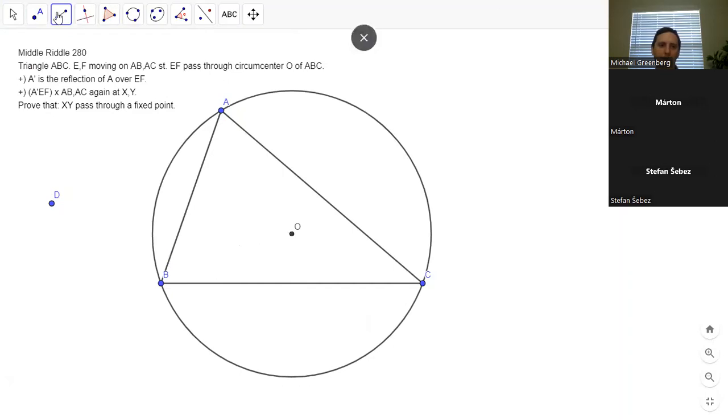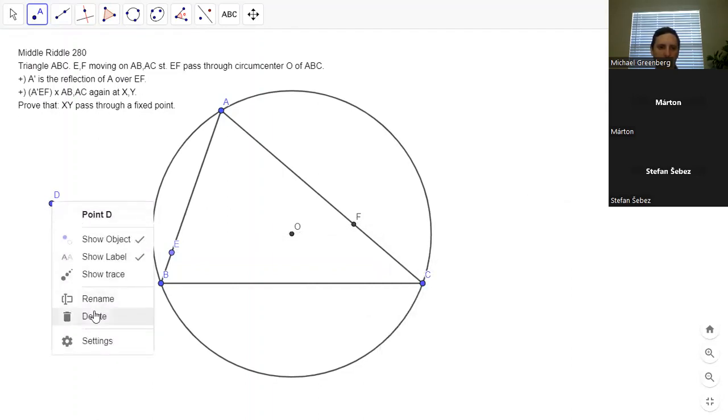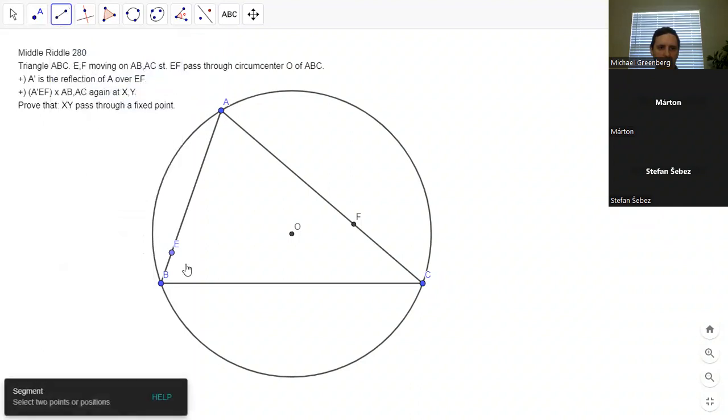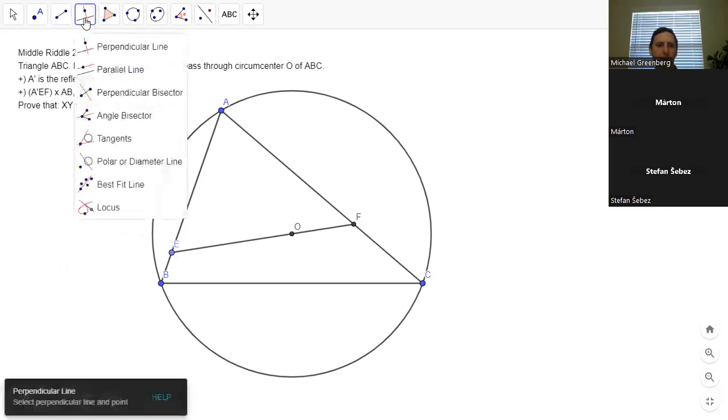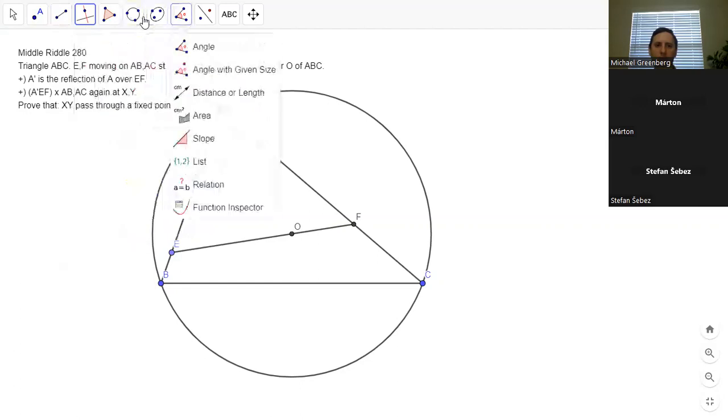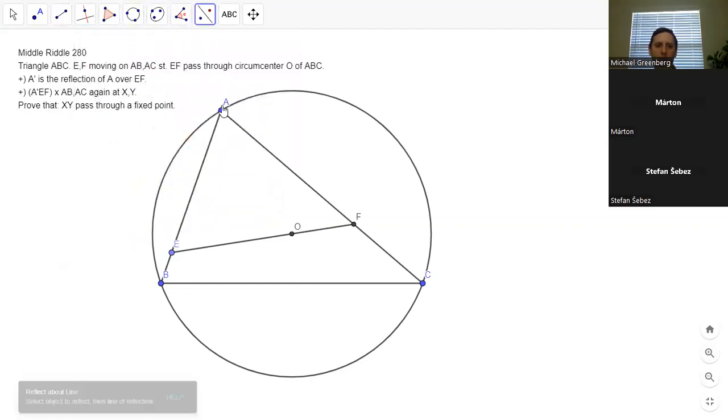So this is E and F. And when we reflect A over EF, that's going to lie on the circle because EF passes through O. Because basically if you extend EF to hit the circle, it makes a diameter. So if you reflect A over that, it has to lie on the circle.